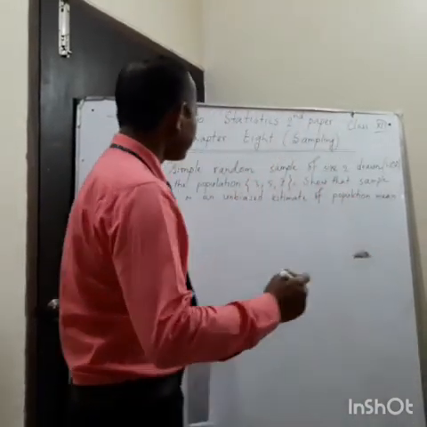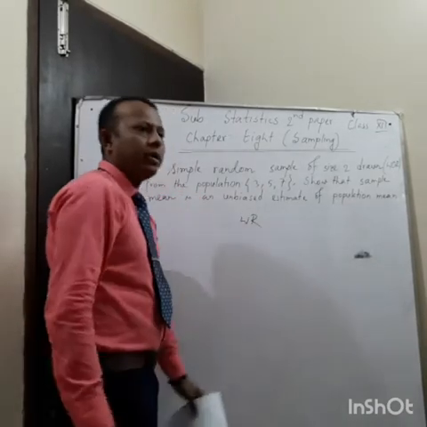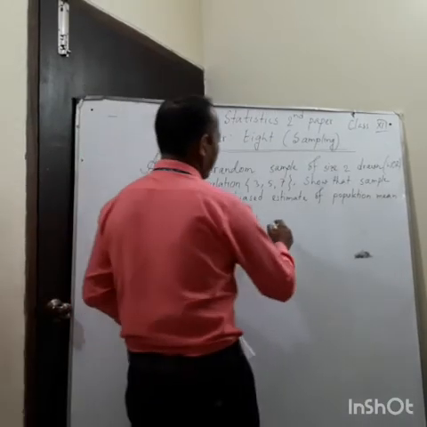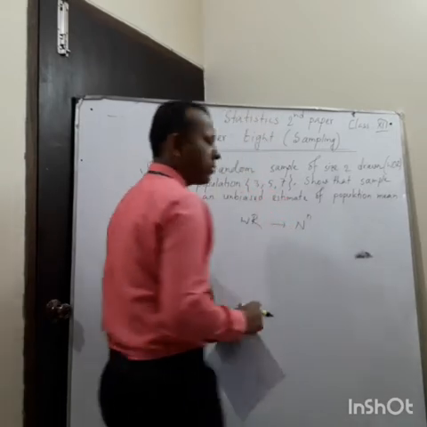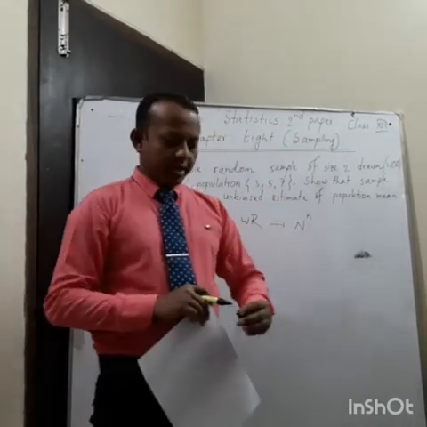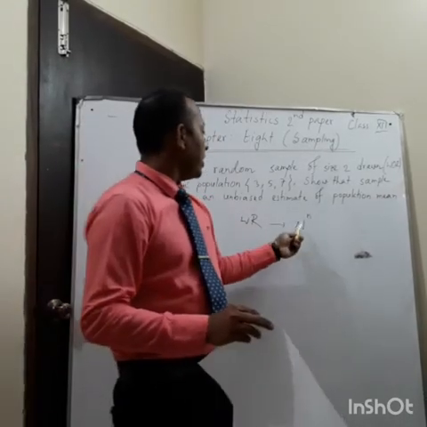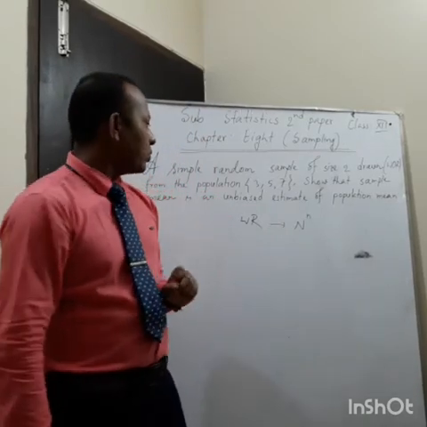Now, when it is with replacement, then the number of samples will be capital N to the power small n. What is the meaning of capital N and small n? Capital N means the size of the population, and small n is the size of the sample.